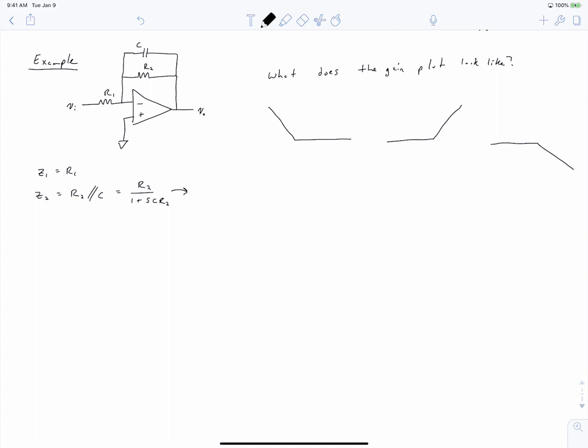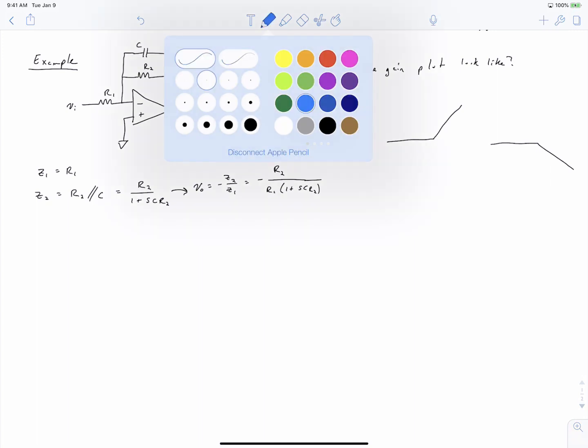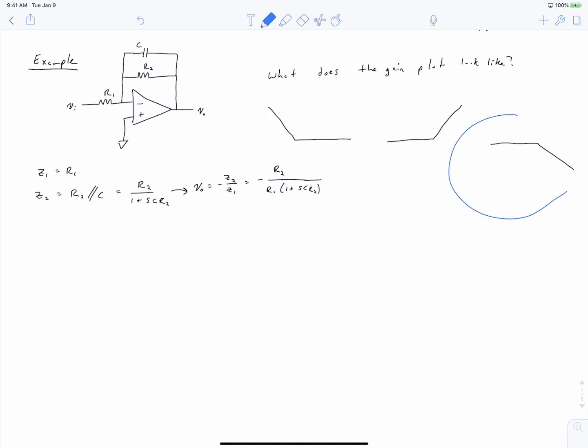And so now if we plug this into Vout equaling negative Z2 over Z1, we get this expression, which is a transfer function for a pole at the frequency of 1 over C times R2. And that matches this gain plot, where this pole right here is equal to 1 over C R2.